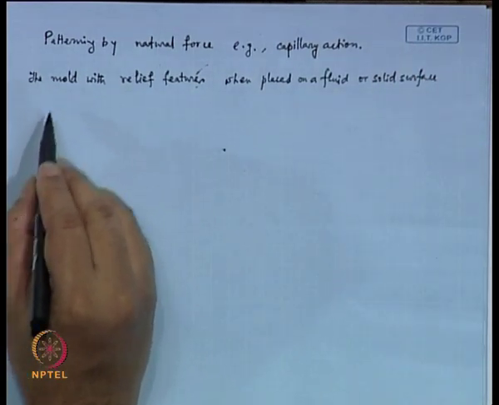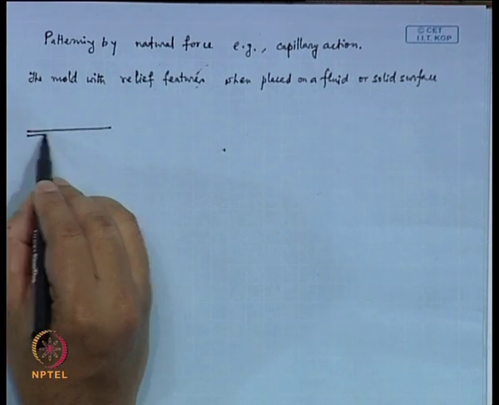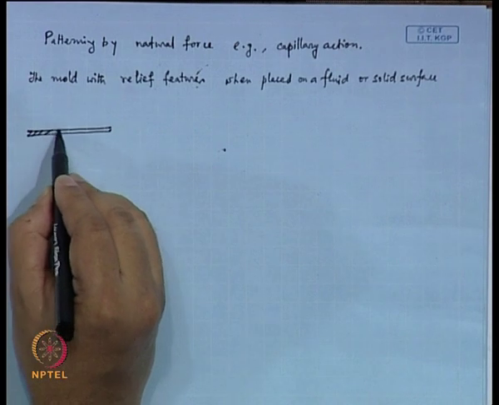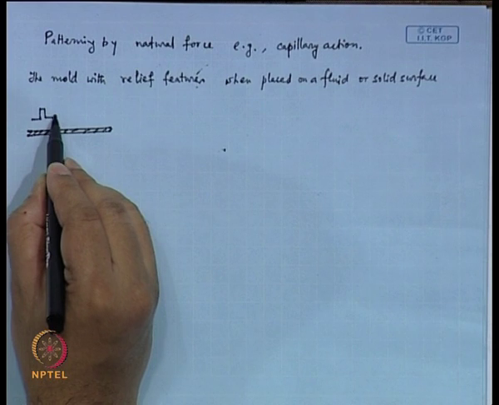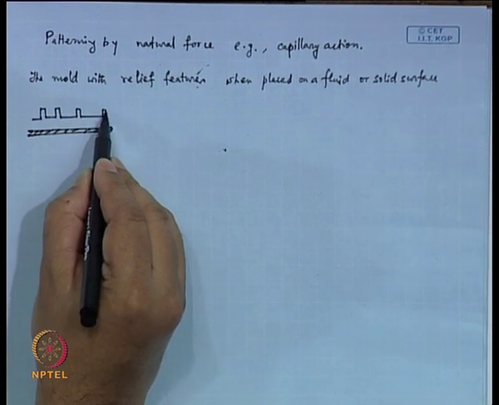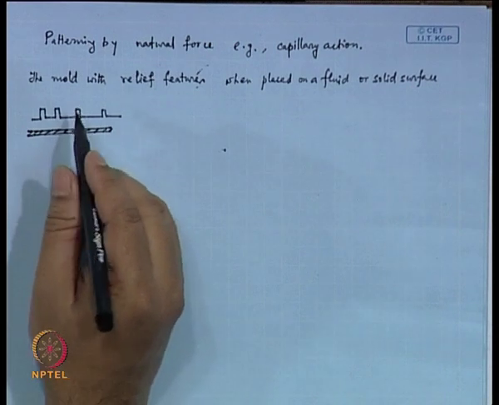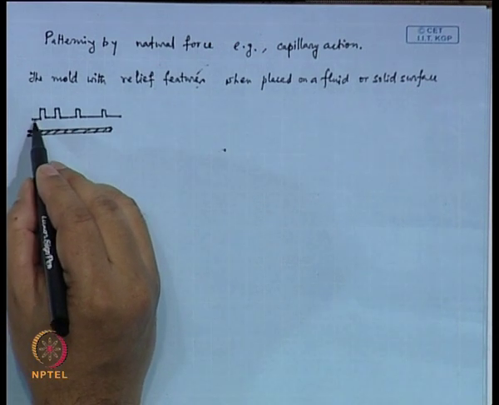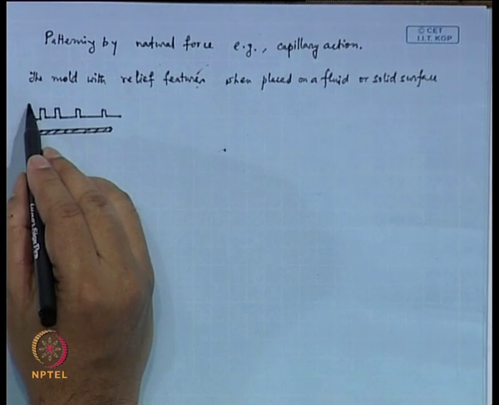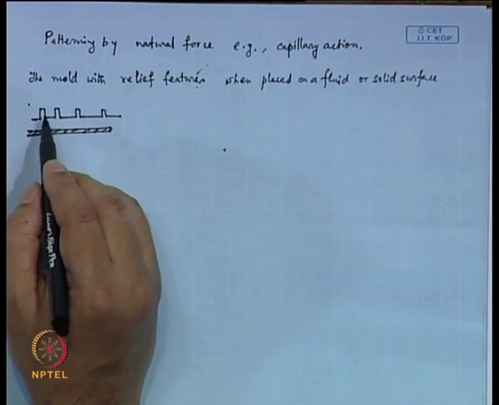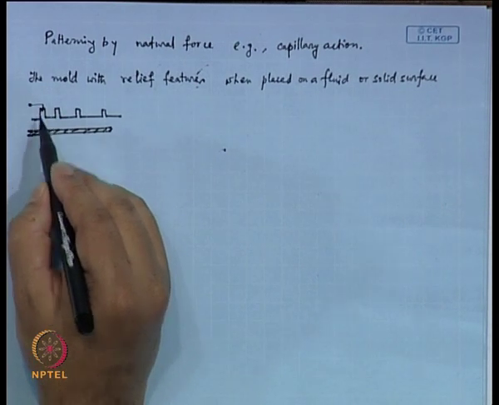Probably what I am talking about here is you have a substrate which is flat, then you have a mold. This is the mold. So, you bring this mold in contact with this substrate, and then you put molten polymer into one of these channels.